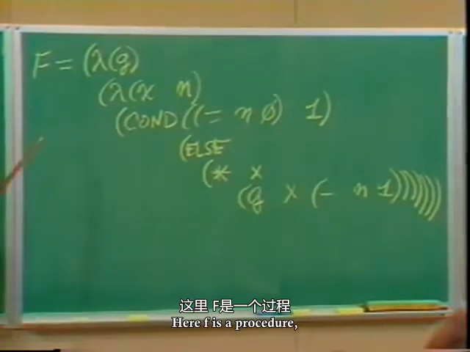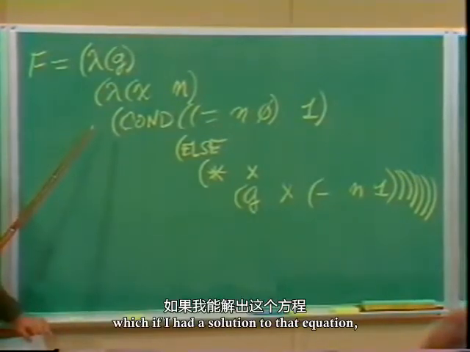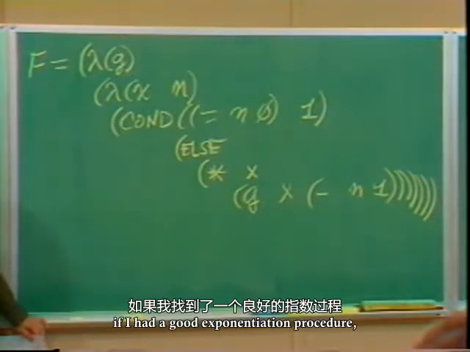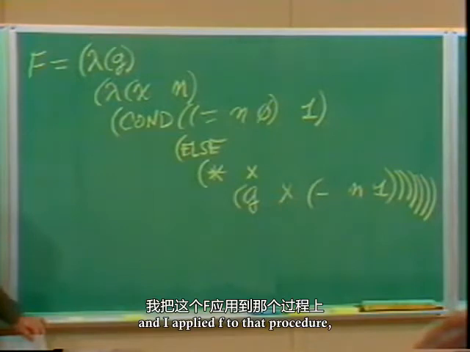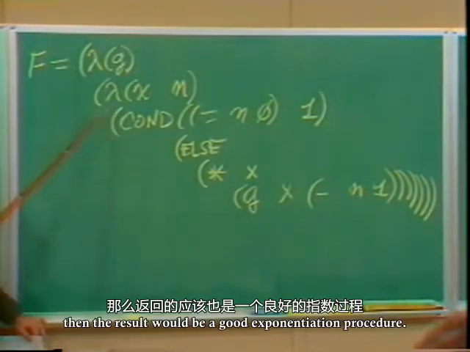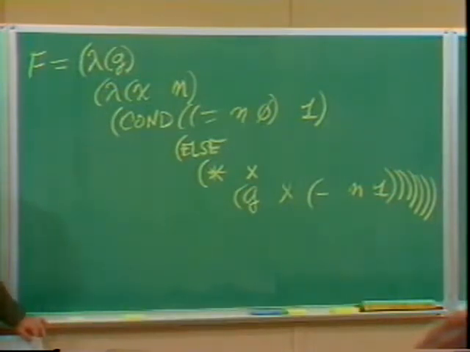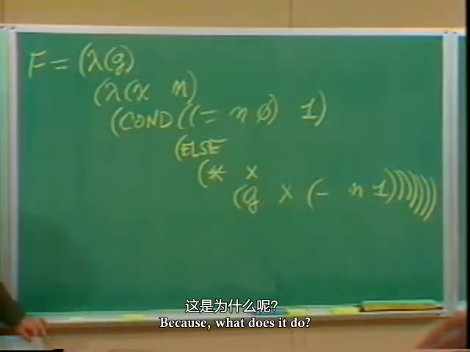Here f is a procedure which, if I had a solution to that equation, if I had a good exponentiation procedure, and I applied f to that procedure, then the result would be a good exponentiation procedure. Because what does it do?